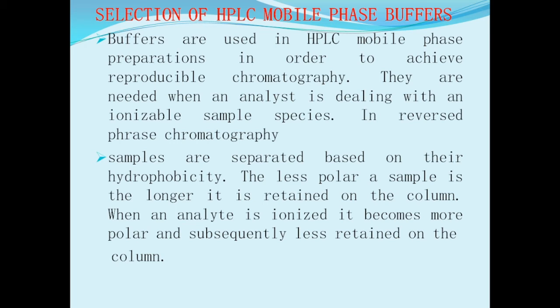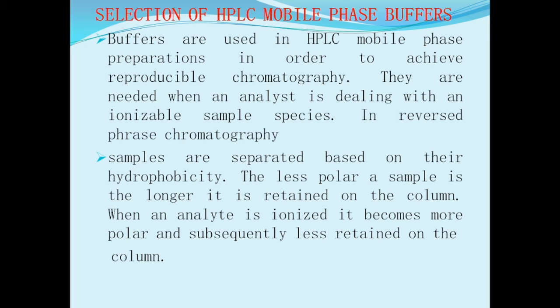In reverse phase chromatography, samples are separated based on their hydrophobicity. The less polar a sample is, the longer it is retained on the column. When an analyte is ionized, it becomes more polar and subsequently less retained on the column.